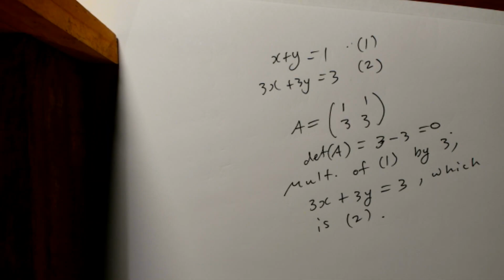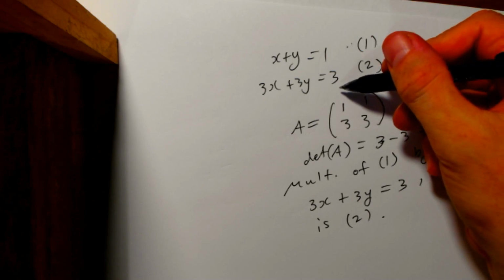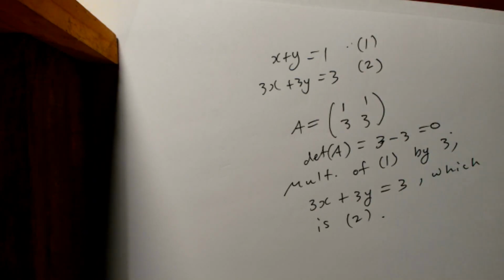So we see that the equations coincide, right? And so subtraction would give you 0 equals 0. That's not a contradiction. So you just see then that the equations coincide, right? This equation is a multiple of this one, and vice versa.